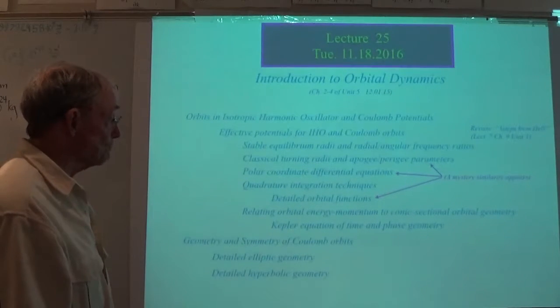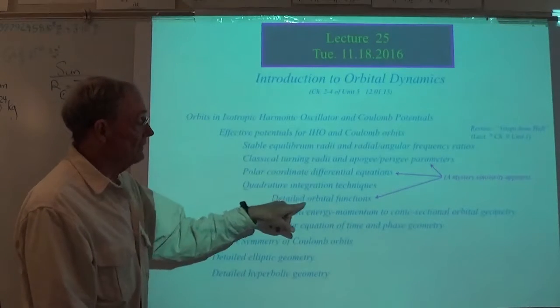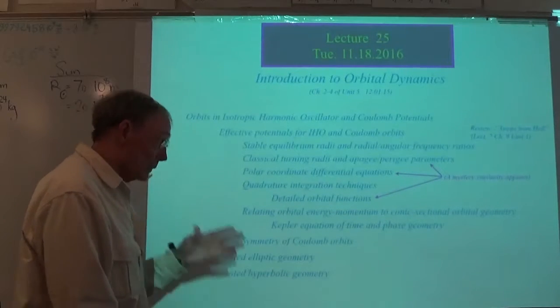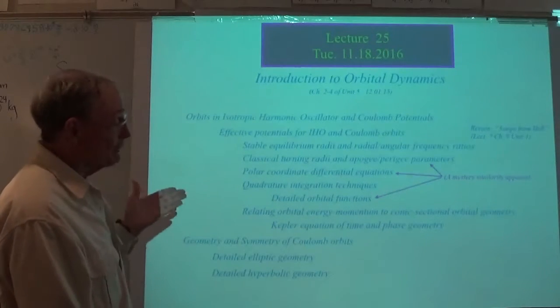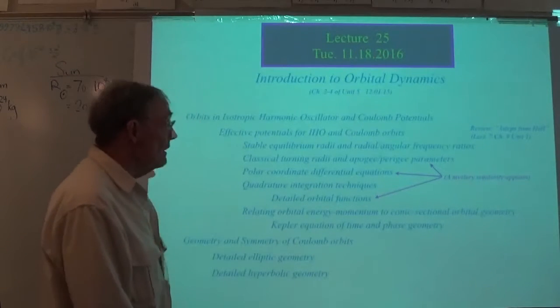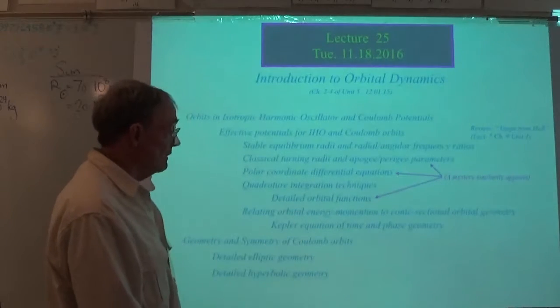Now, the idea is when we get done and really have a detailed orbital function for the Coulomb field, as well as the oscillator, and we're going to do it in polar coordinates. We didn't do that before. We were using Cartesian mostly there. We'll have some geometry to go with it.